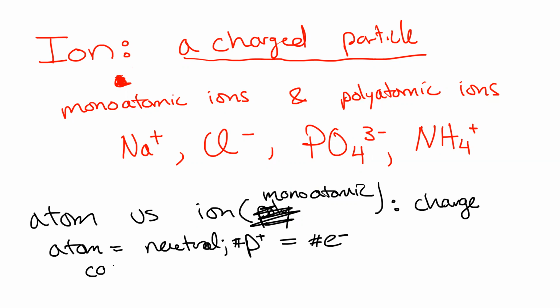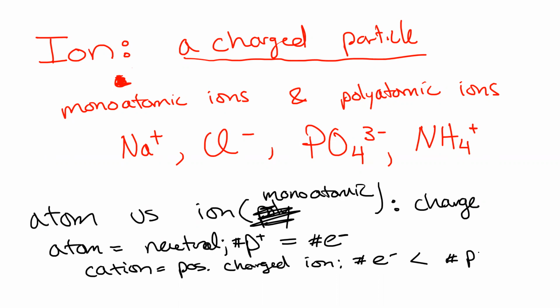In a cation, which we'll define as a positively charged ion, the number of electrons is less than the number of protons in the nucleus.